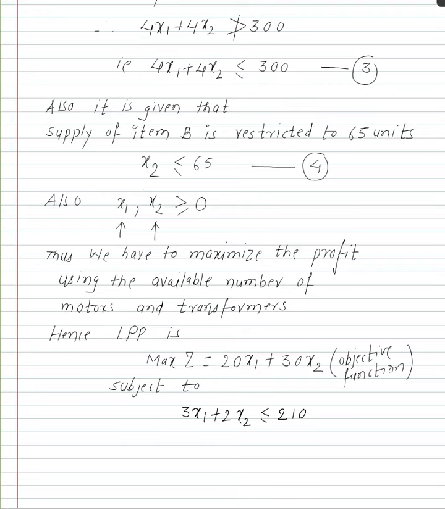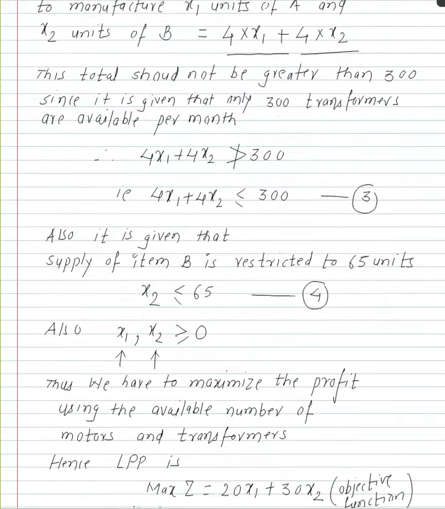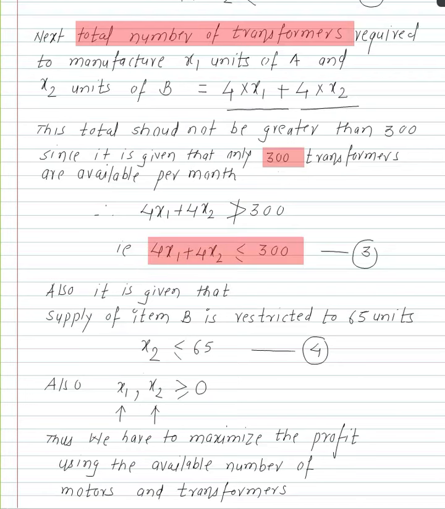Second constraint is on transformers. Total number of transformers should not be greater than 300 because only 300 transformers are available. 4x1 plus 4x2 should not be greater than 300. So this sum should be less than or equal to 300. 4x1 plus 4x2 less than or equal to 300.